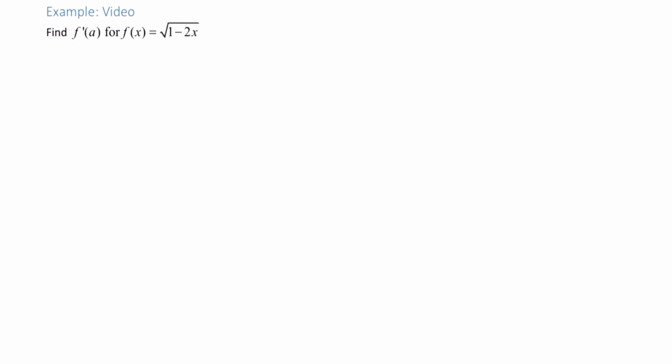In this example, we're finding the derivative f prime of a using a limit. So we'll start with the generic definition: f prime of a equals the limit as h approaches 0 of f of a plus h minus f of a, all over h.